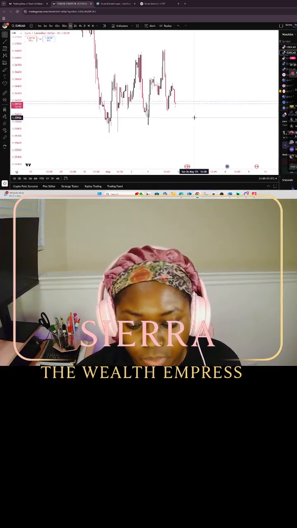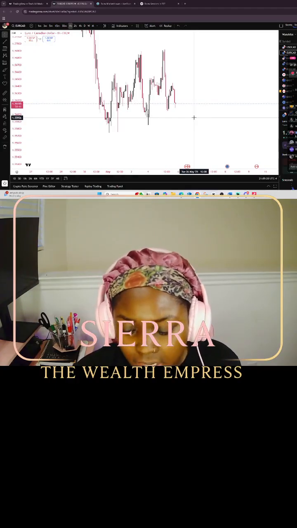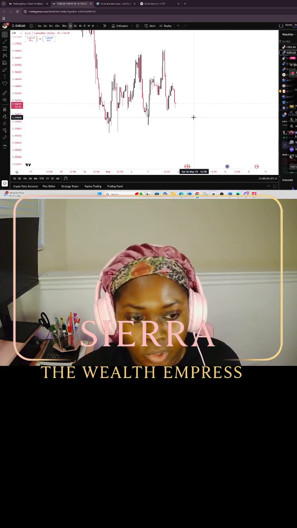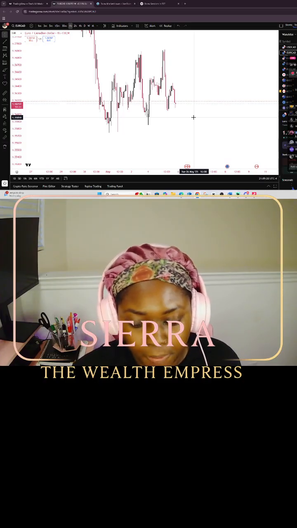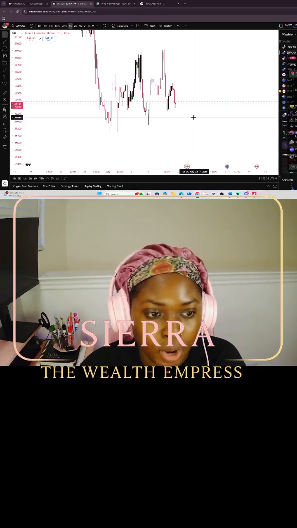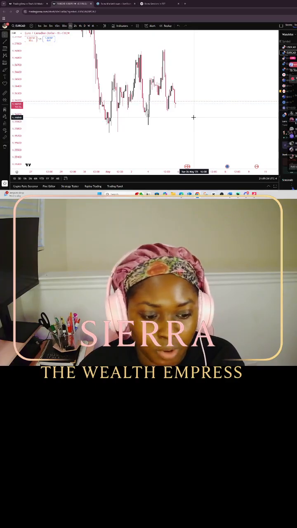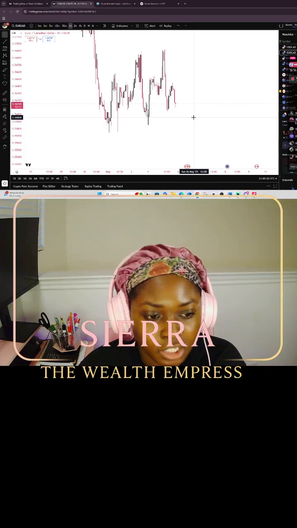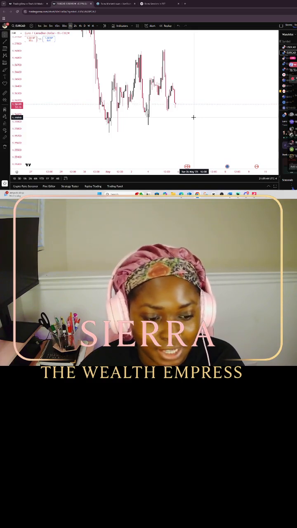Now, what is a lot? A lot is how much you're trading. You have micro lots, and your micro lots go from 0.01 to 0.09. Okay. And 0.01 is 10 cents, and 0.09 is 90 cents.